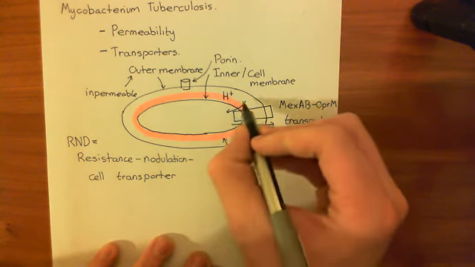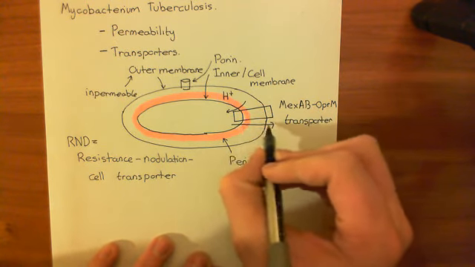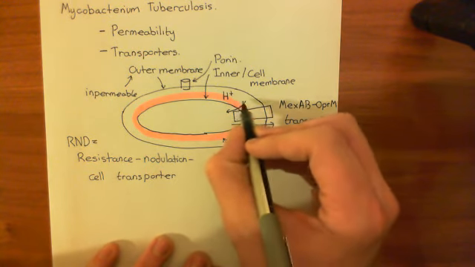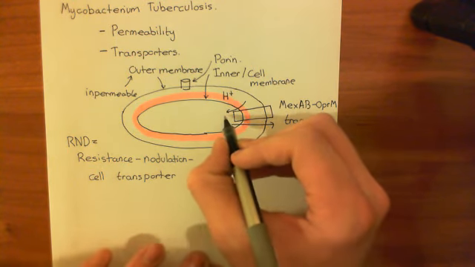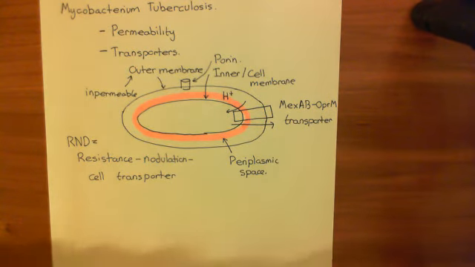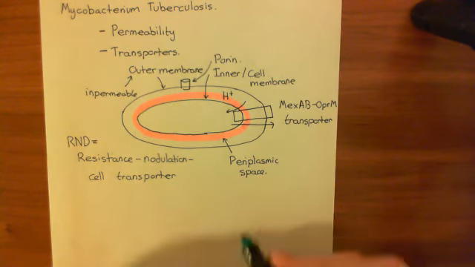So we will couple the movement of our substance out to the movement of a proton from the periplasm to the cytoplasm, and that is how we get the energy to move our drug out. The energy that's released by the proton when it goes down its electrochemical gradient will allow us to move the drug out.